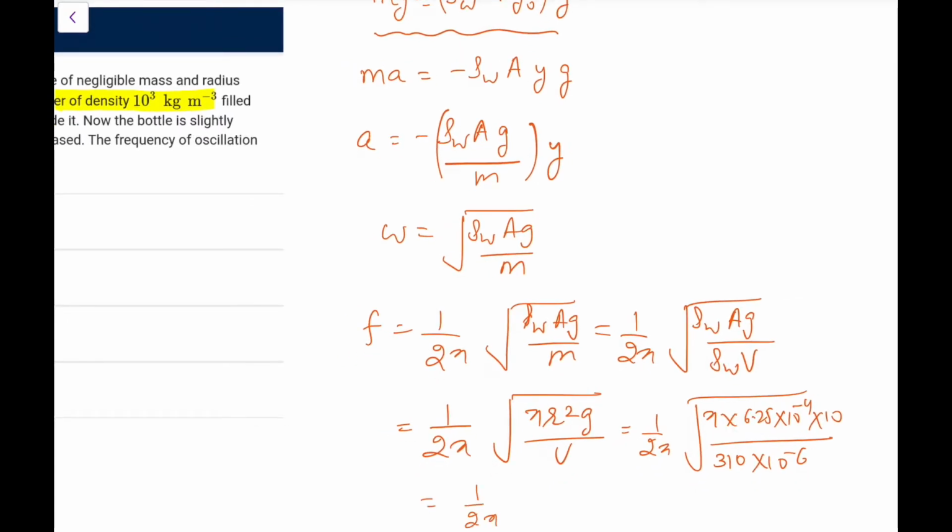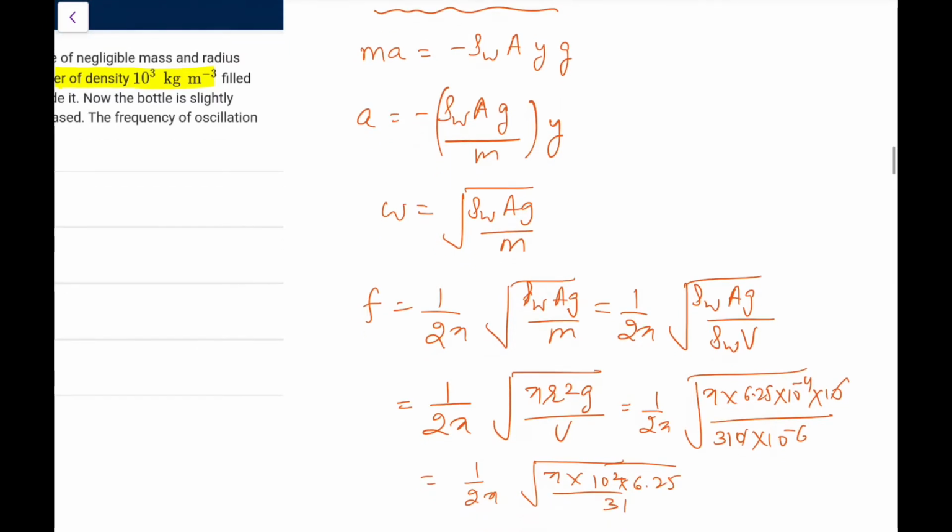So if you do this, this is what we will get. Just simplify 1 upon 2 pi. This would be pi into 10 to the power minus 4, this will become 10 to the power 2, and this 10 goes, this is 10 to the power 2 upon 6.25 divided by 31. So that is what you are getting, this is 625.